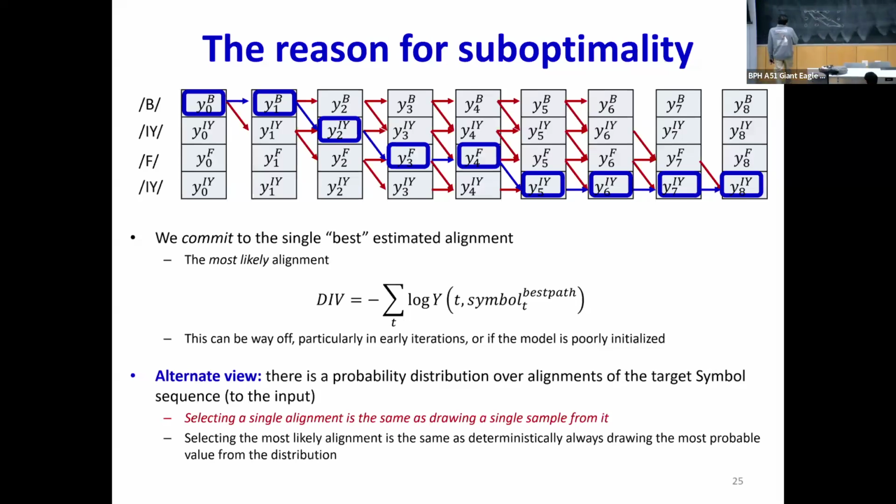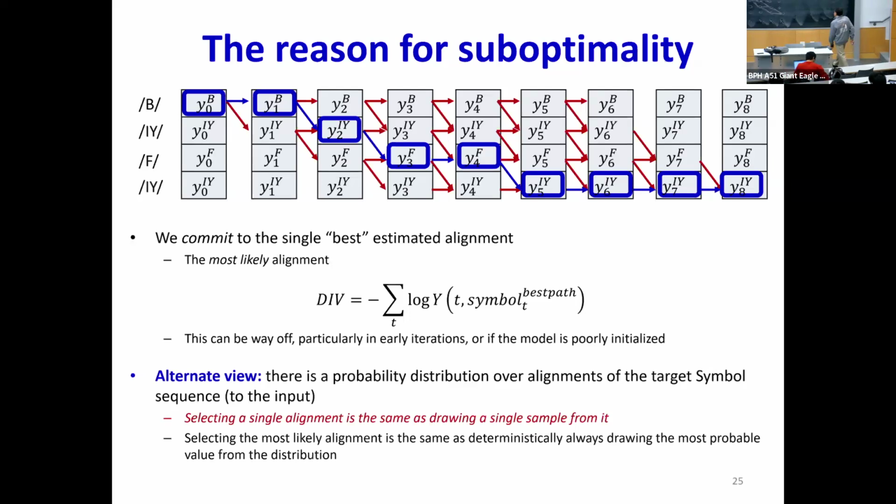If I have a symbol sequence S1, S2, S3, and an input X1, X2, X3, X4, if I added up the probabilities of all the paths from the beginning to the end, what would that be? What probability is that computing? Anyone?